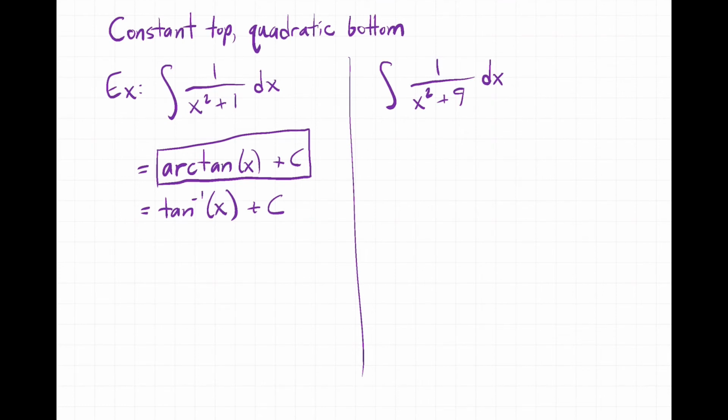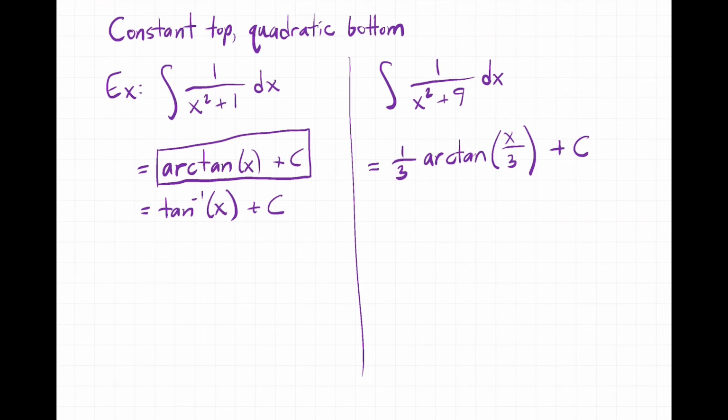But what you'll find, you'll end up with, this is going to be 1/3 arctangent of x over 3 plus a constant.